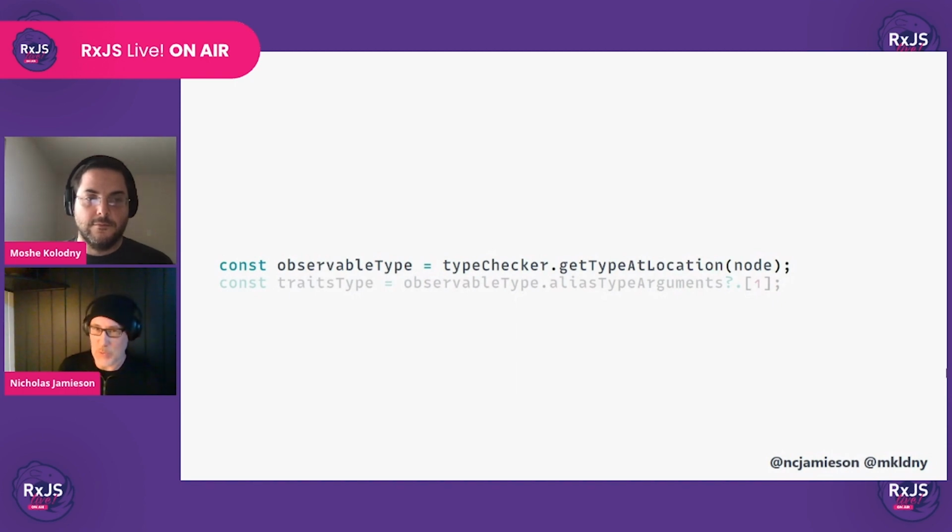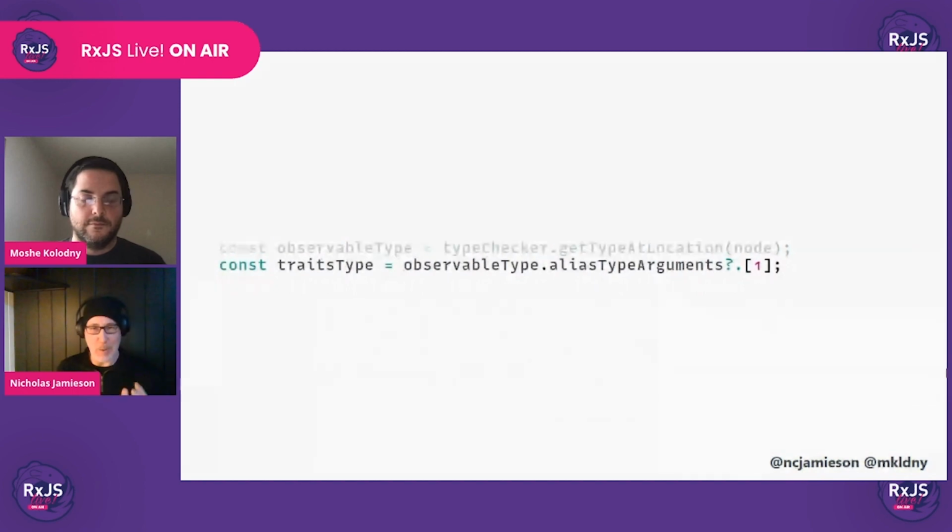That name in this case will be Observable. I mentioned earlier that Observable in our proof of concept has two type parameters. It has the element type, Observable of string, and it also has the traits. So we can get the traits from our type descriptor by looking at the type arguments and saying, give me the second one of those, the second one in the array. And that's our traits type.